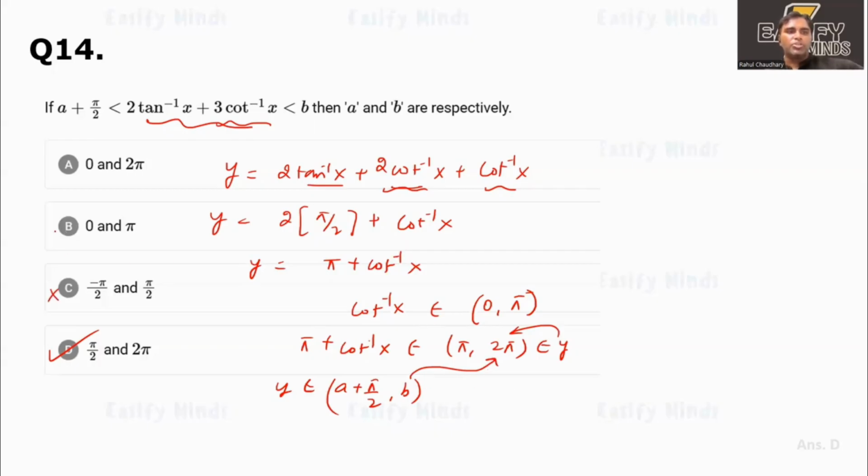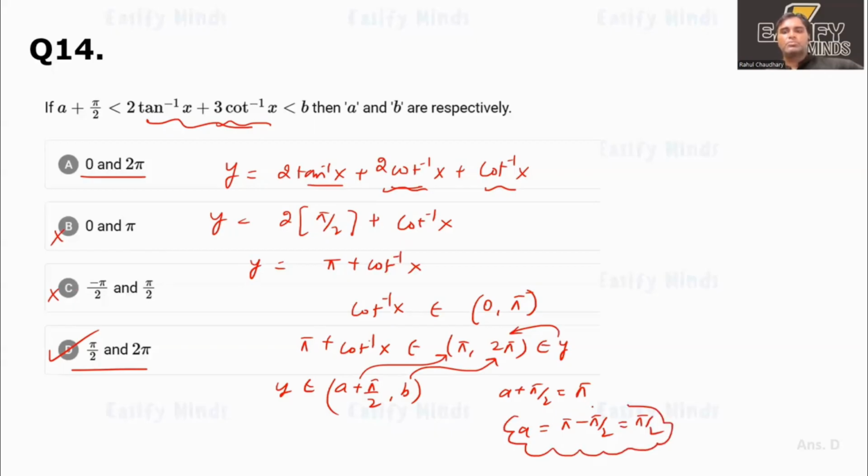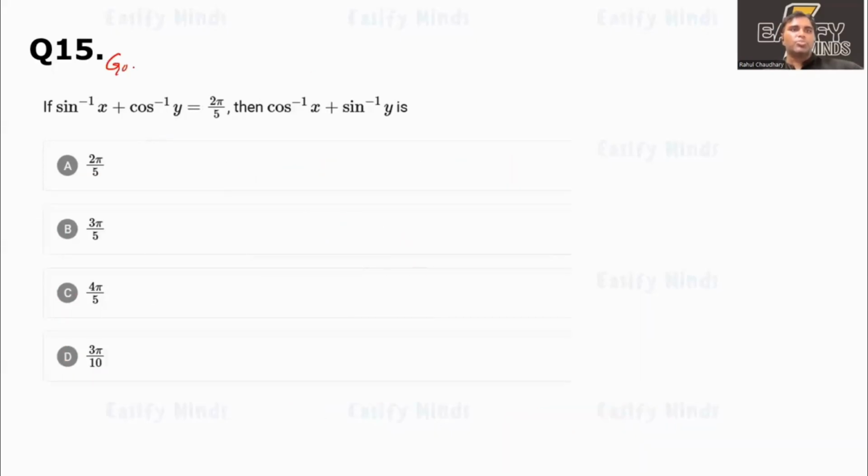So this option is wrong. Only this and this are coming. Now a plus pi by 2 is how much? Pi. So what is the a value? Pi minus pi by 2, that is pi by 2. So the answer is option A. This is a good problem. Try to solve this.